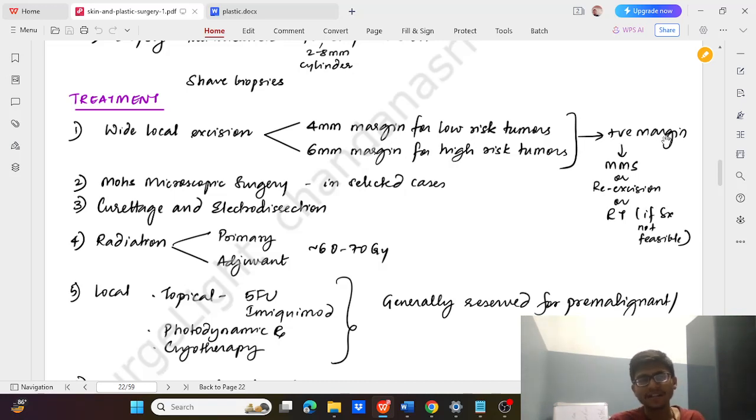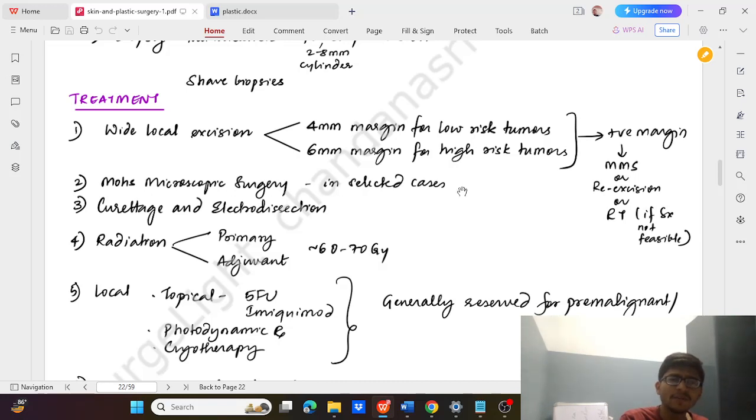If we have positive margin on wide local excision, we'll go ahead with Mohs micrographic surgery or re-excision. If surgery is not feasible, we'll go ahead with radiotherapy. Mohs micrographic surgery in selected cases, its advantage being immediate histopathological examination to go ahead with further resection if needed. Only disadvantage being more amount of time needed for the surgery.